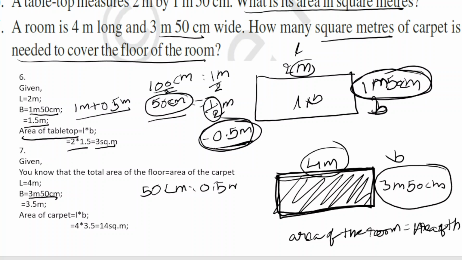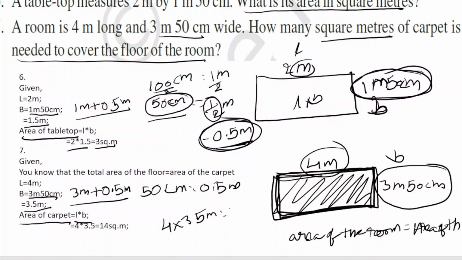So this 3 meter 50 centimeters can be written as 3 meter plus 0.5 meters, that is equal to 3.5 meters. And area of the carpet is nothing but area of the rectangular plot. So that is nothing but L into B, that is equal to 4 into 3.5 meters, that is equal to 14 square meters.